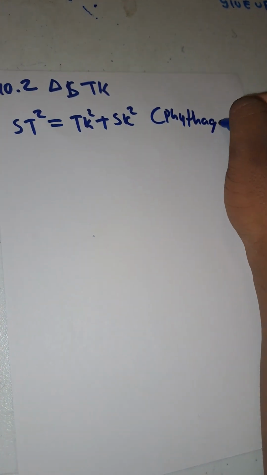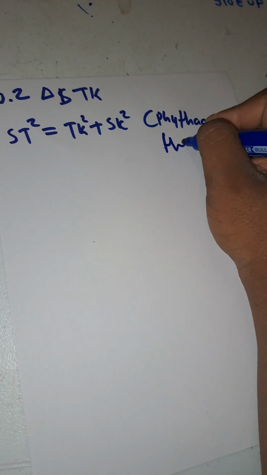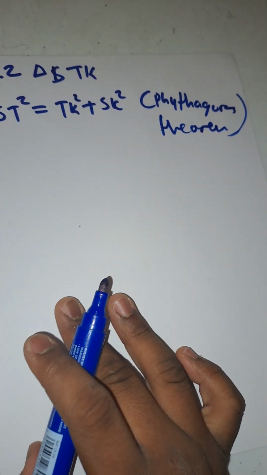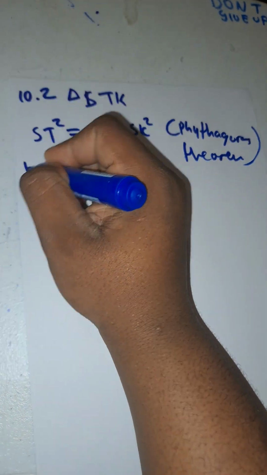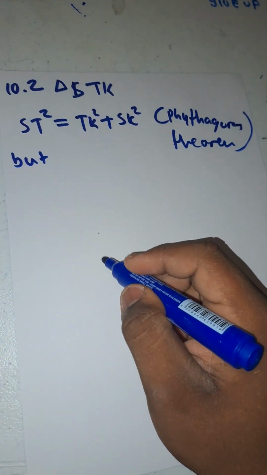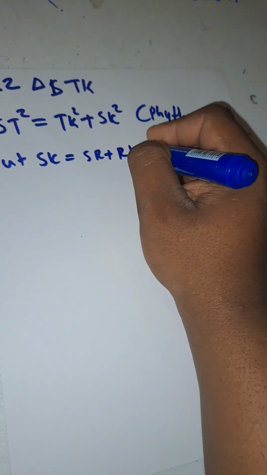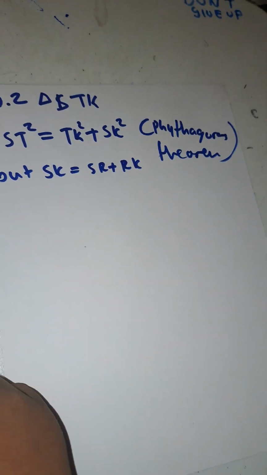Pythagoras theorem there. But now, SK equals SR plus RK. Let's go back here.